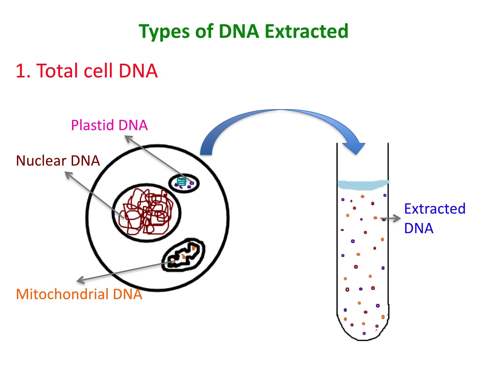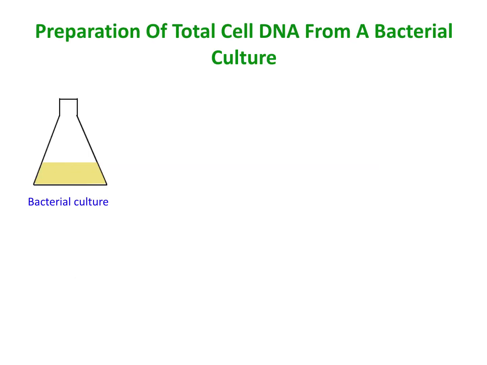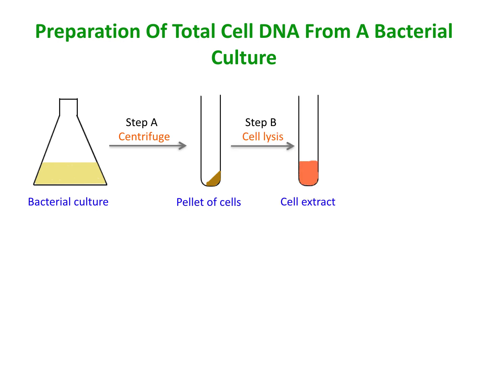In the first step, the desired bacteria are inoculated in a suitable liquid culture medium. The bacterial culture is allowed to grow in optimal temperature and pH conditions until the desired cell density has been obtained. Then, the liquid culture medium is centrifuged, following which all the bacterial cells come down in the tube, forming the pellet.